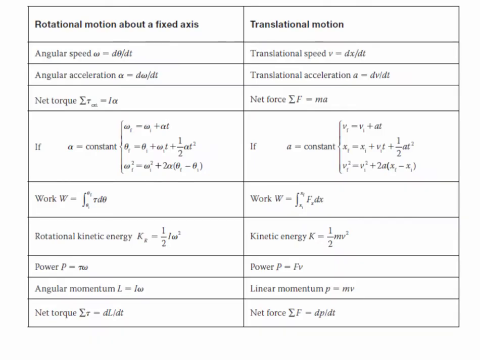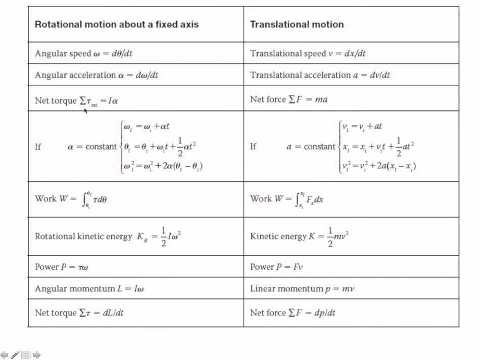Here is a nice table from the textbook that shows that analogy between translational motion, as you learned about in the first part of this course, and rotational motion about a fixed axis. We have correlated the angular speed and the angular acceleration to translational speed v and translational acceleration a.